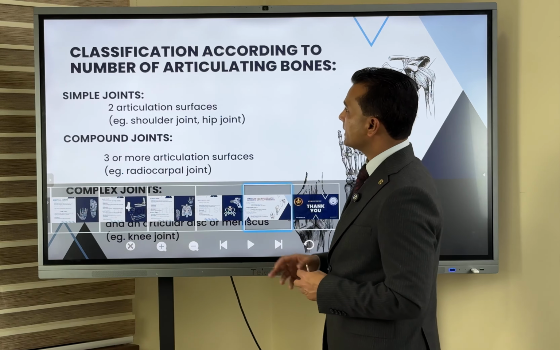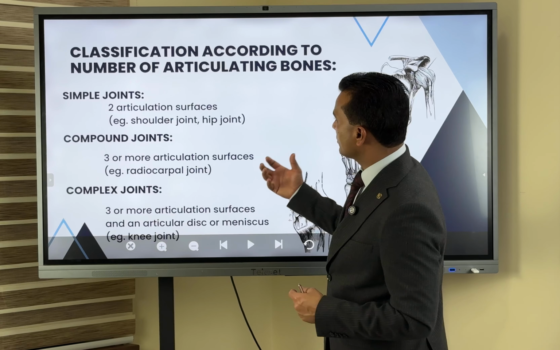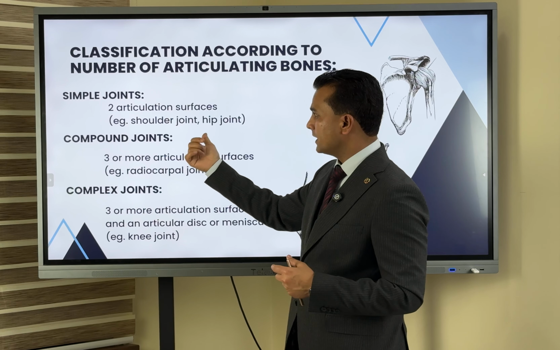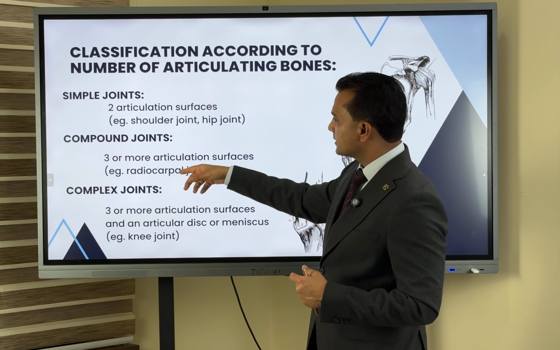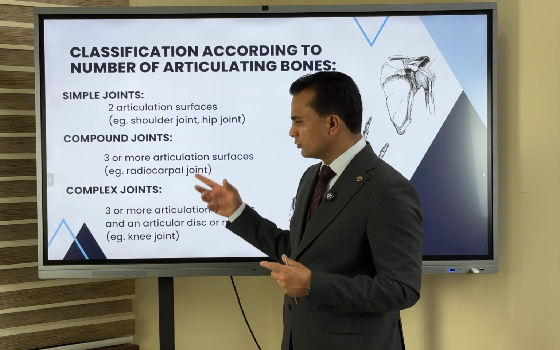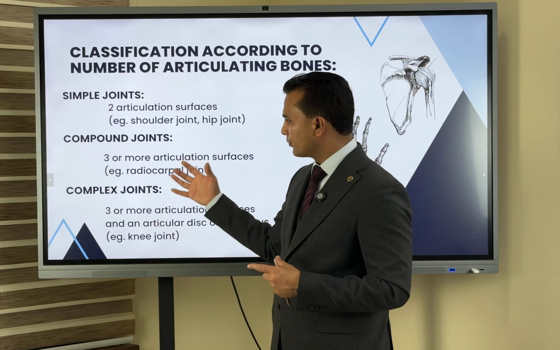Then we can also classify joints according to their articular surfaces. Simple joints have two articular surfaces, like the shoulder joint, which although a ball and socket joint has only two articular surfaces, so it is a simple synovial joint, as is the hip joint. Then compound joints have three or more articulating surfaces, like the radiocarpal joint.